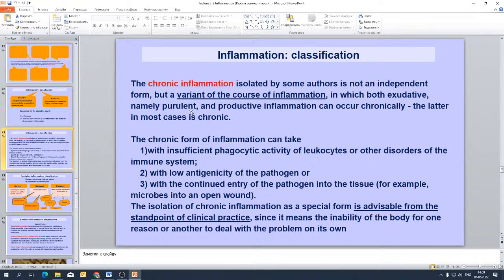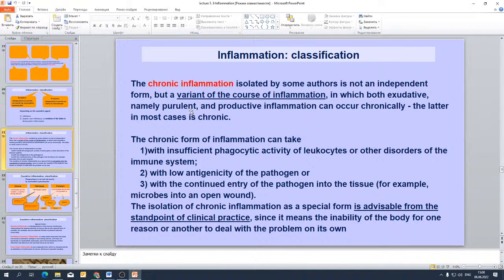Then I discuss chronic inflammation. Chronic inflammation, by some authors, is not considered an independent form, but a variant of the course of inflammation, in which both exudative, namely purulent, and productive inflammation can occur chronically. The latter is in most cases chronic. For example, an abscess may be chronic or acute inflammation.